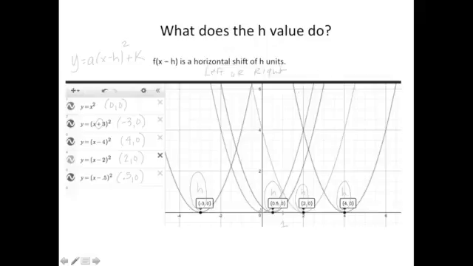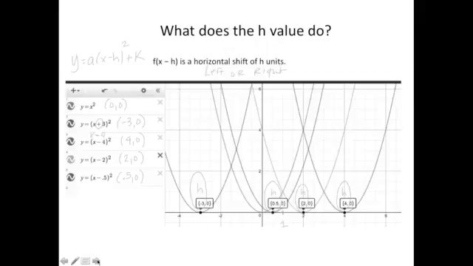And we describe it by saying, let's look at this orange graph or the green graph over here. We would say that parabola has been translated 4 units to the right. x minus h, 4 units to the right.